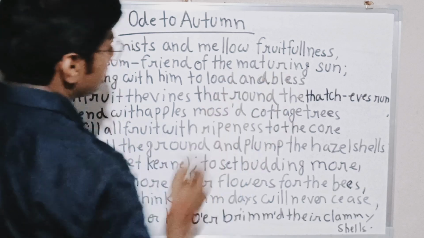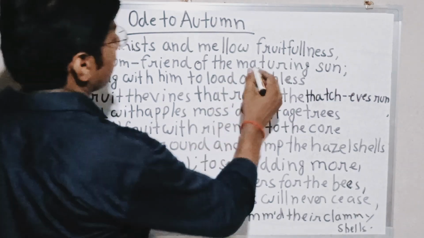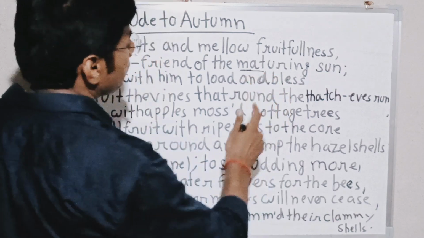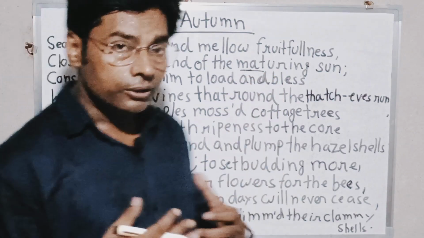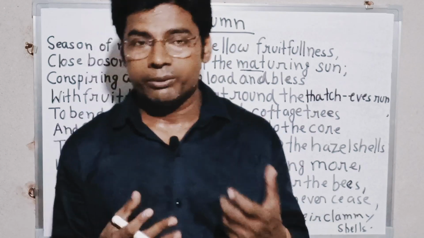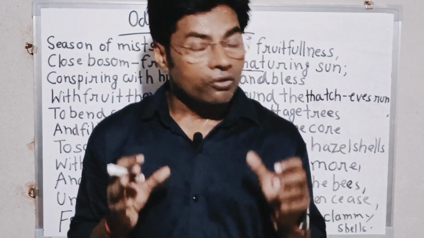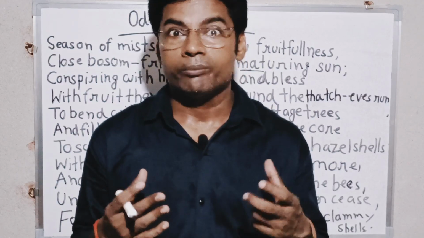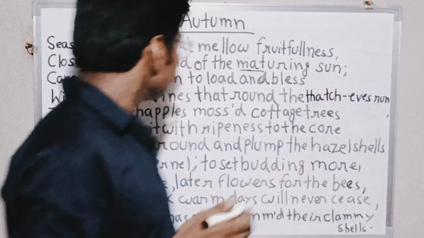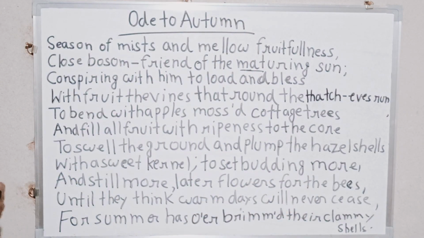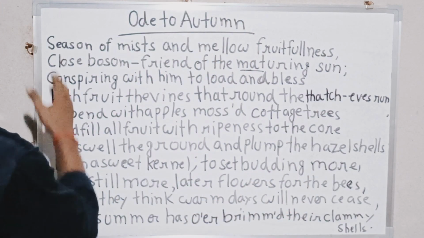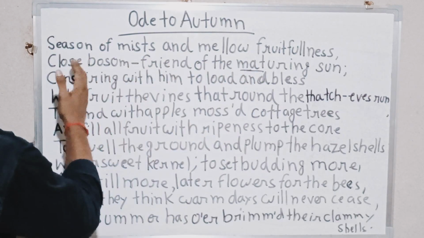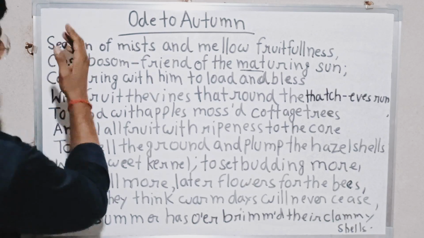Maturing sun means the aging sun, the sun that is growing in age. What happened? It is just becoming old. So here he says that the sun is the best friend of autumn.